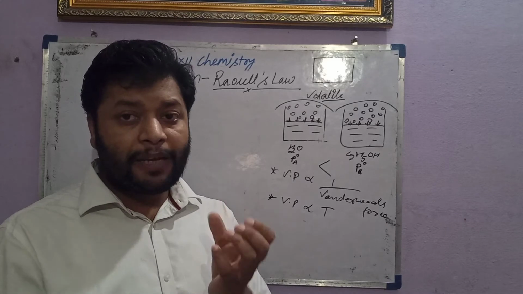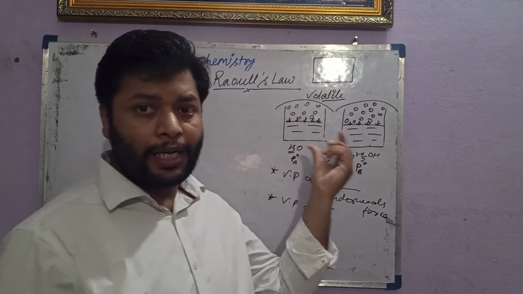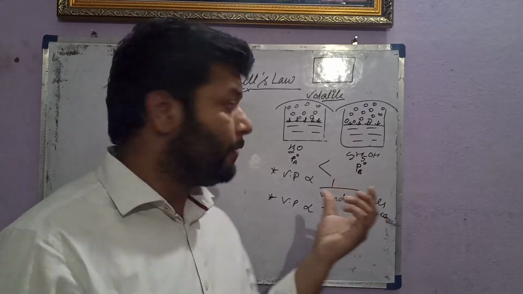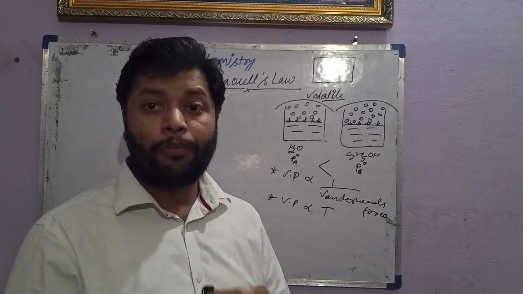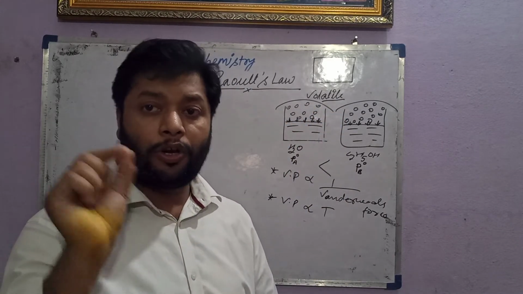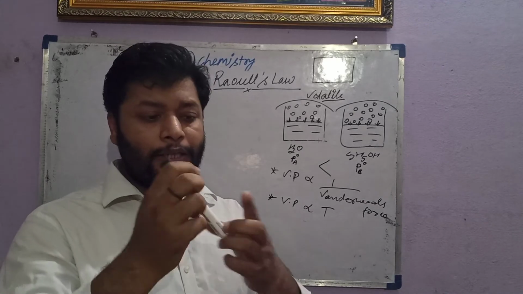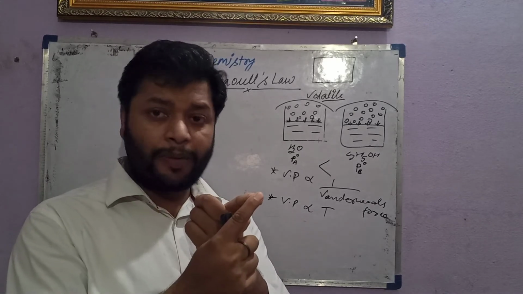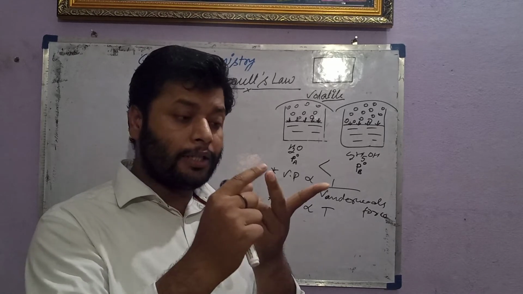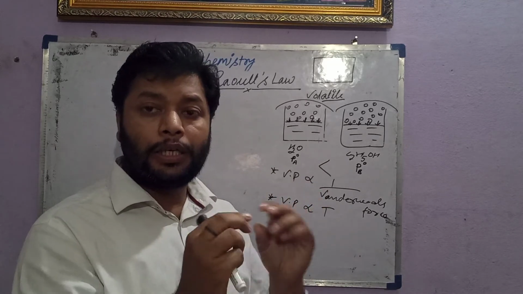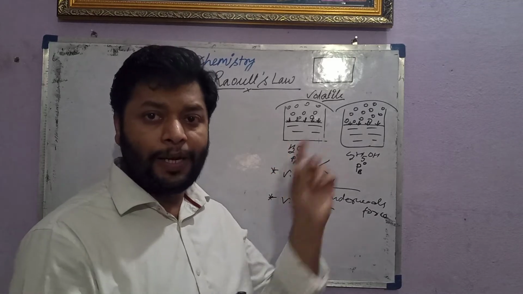Because the escaping tendency of any given liquid is hindered, prohibited by the non-volatile solute. Even though it does not itself participate in the escaping tendency, it also hinders the evaporation process of the given liquid.